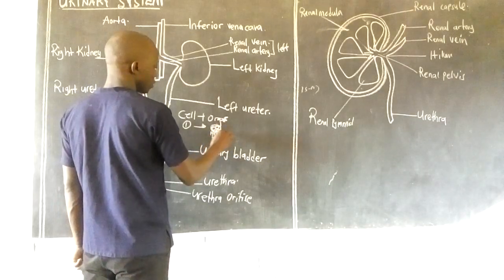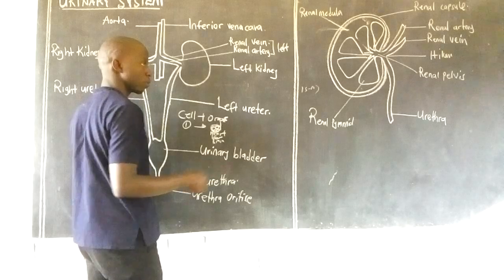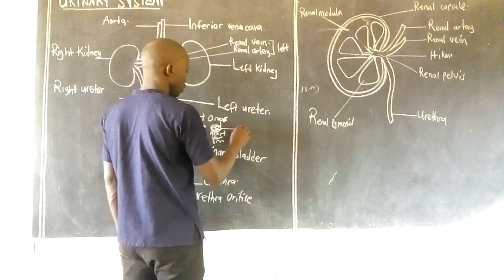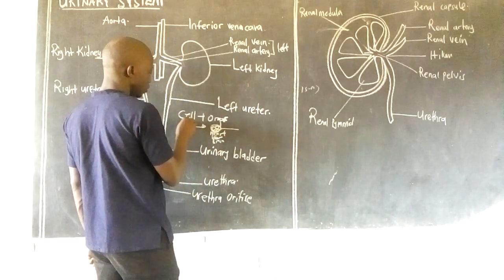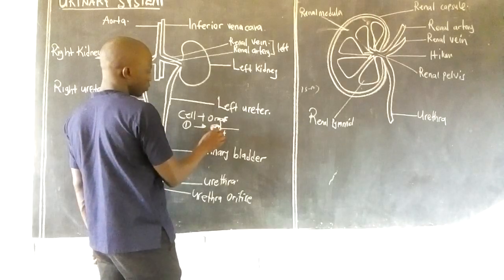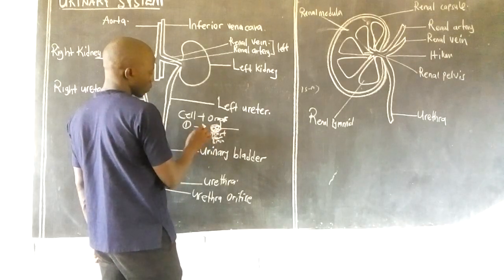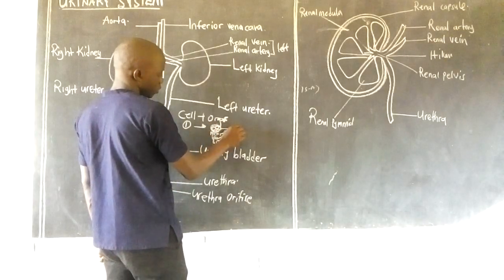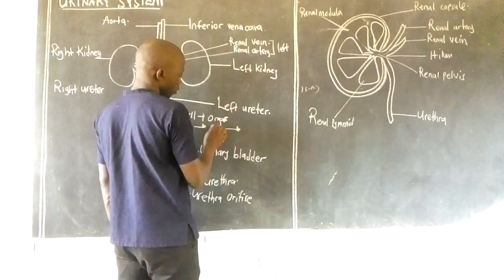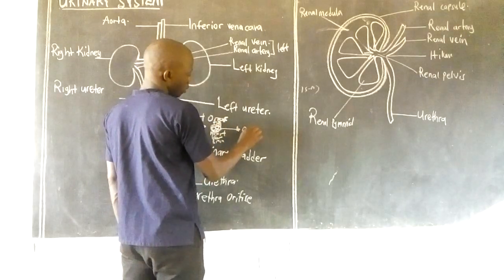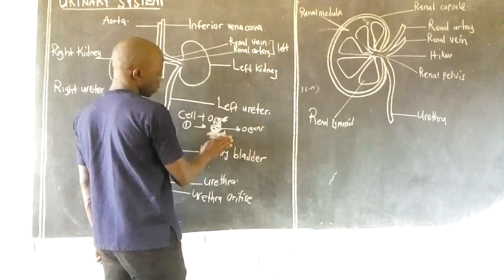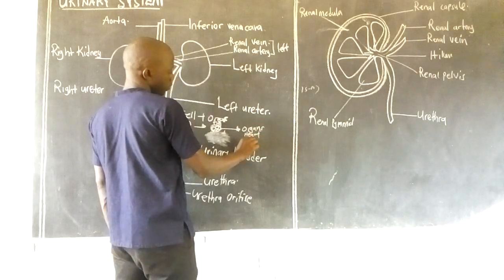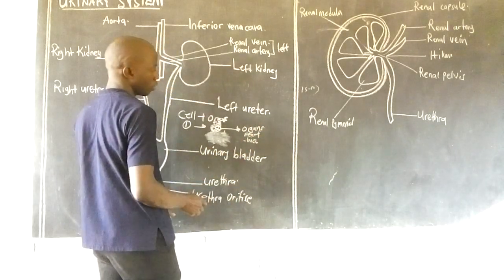So these will be our tissues here. These will be our organs, which can be the heart, like we have said, the liver, or any other organ of the body.